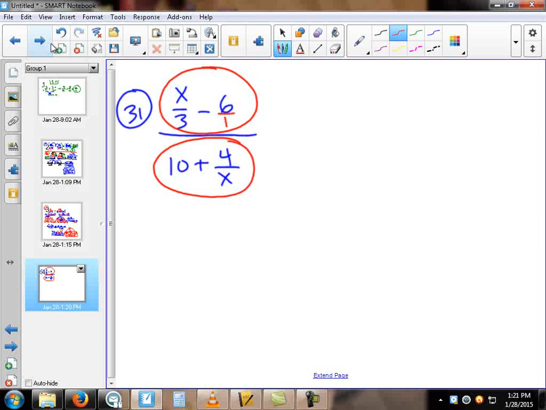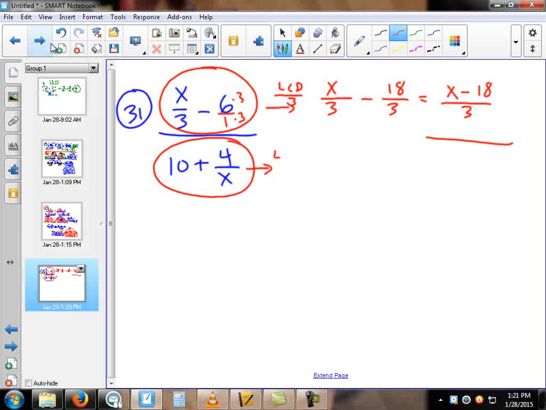What would the common denominator for the top be? The LCD would be 3, because 1 and 3 both go into 3. So that makes it x over 3 minus, times by 3, 18 over 3, or x minus 18 all over 3. Great. That gets us a lot of the way there.